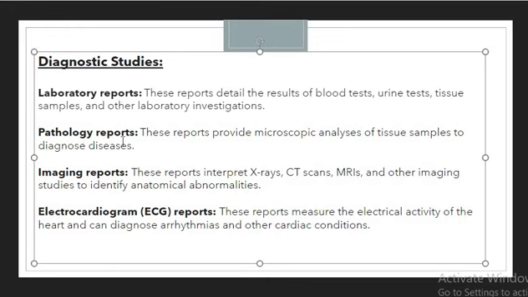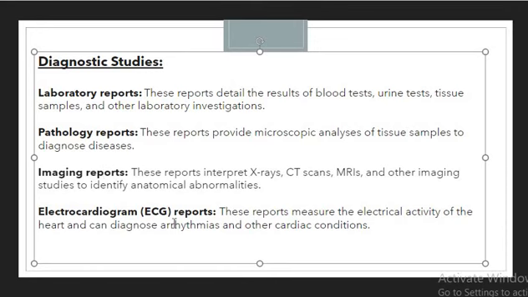Then we have pathology report. These reports provide microscopic analysis of tissue samples to diagnose tissue diseases. Okay. Then we have imaging report. These are the most commonly used terms, right? These reports interpret X-rays, CT scans, MRIs, and other imaging studies to identify anatomical abnormalities. Okay.